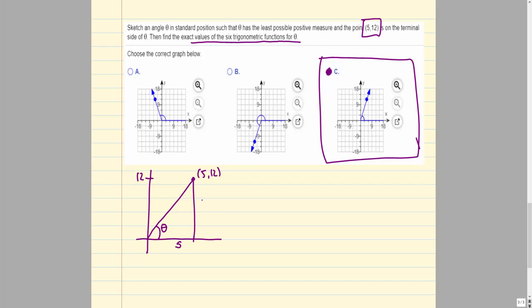So this length is 5, this height is 12. Now I need to figure out what r is. R is the square root of x squared plus y squared. So this would be the square root of 25 plus 144, which is the square root of 169, which is 13. So r is equal to 13 here.